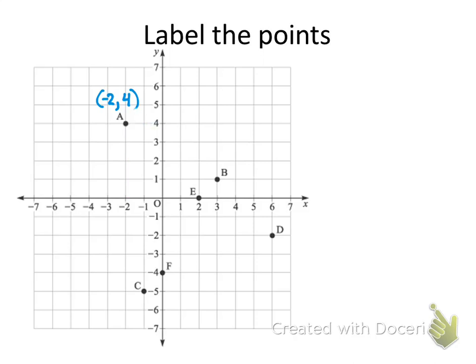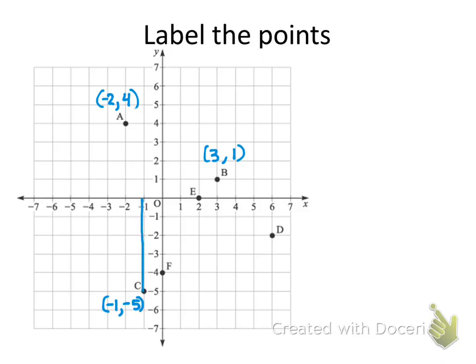Okay, let's do that with point B. Point B, where does it line up with on my x-axis? At 3. Okay, my y-axis is going to be 1. Let's do the same thing with all of the different points. C is going to be located at -1 because that's where it goes on my x-axis, and -5, which is my y.